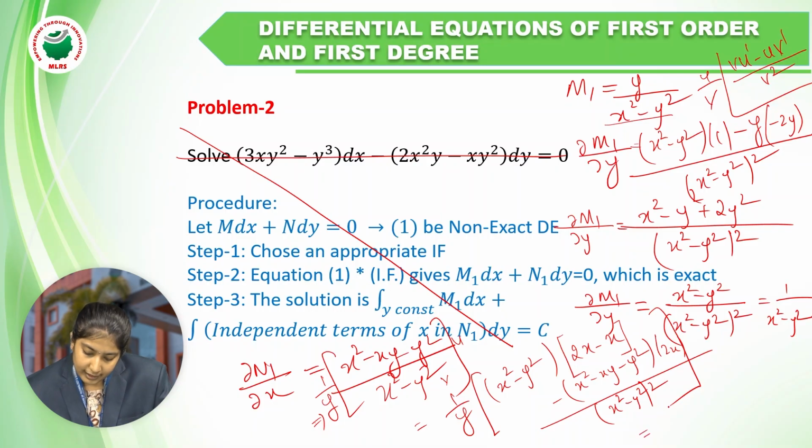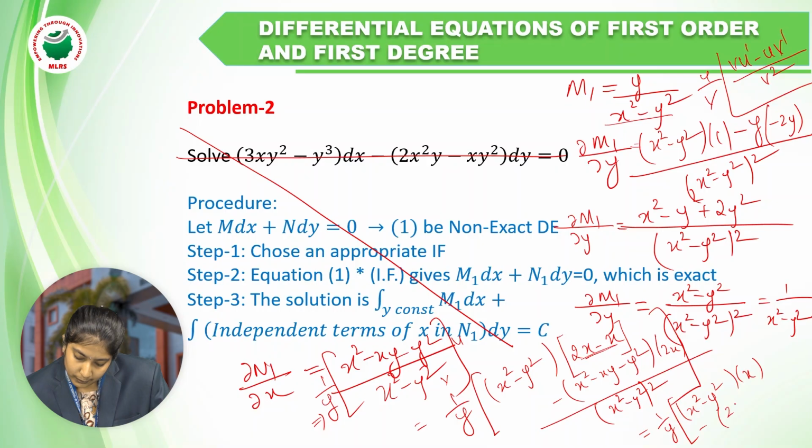If you multiply these terms clearly: (x square minus y square) into (2x minus x), that is x only. So that is (x square minus y square) into x minus of what you are getting: 2x cube plus 2x square y plus 2xy square, by (x square minus y square) whole square.